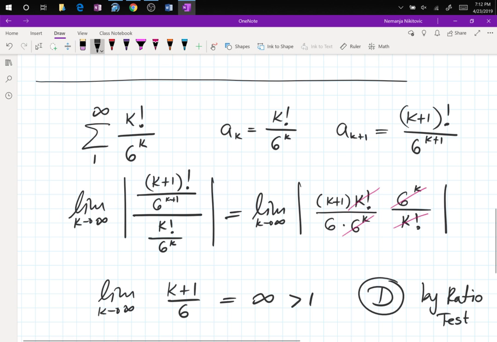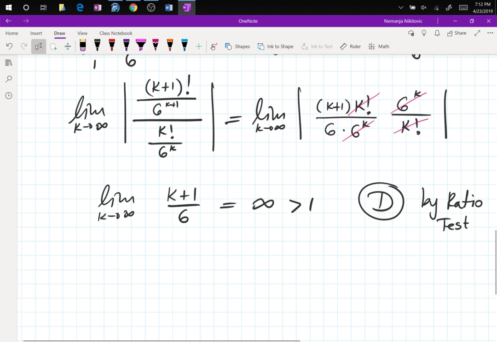Could you end up getting a negative infinity for one of these problems, and therefore be less than 1? No, because you're in the absolute value. Oh, never mind. Okay. So you're either getting 0 to 1 for convergence, 1 for inconclusive, or bigger than 1 for divergence. We have time for one more problem, and then we'll deal with the rest next time.